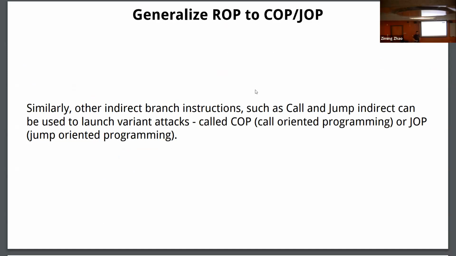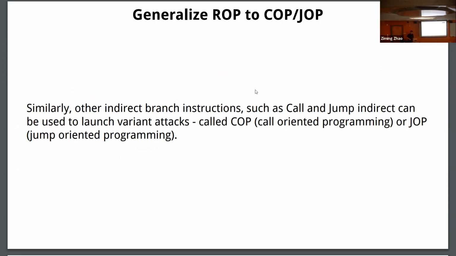Now you have a good understanding of how ROP works. Like I said at the very beginning, many people have been developing new techniques beyond ROP, such as jump-oriented programming and call-oriented programming.